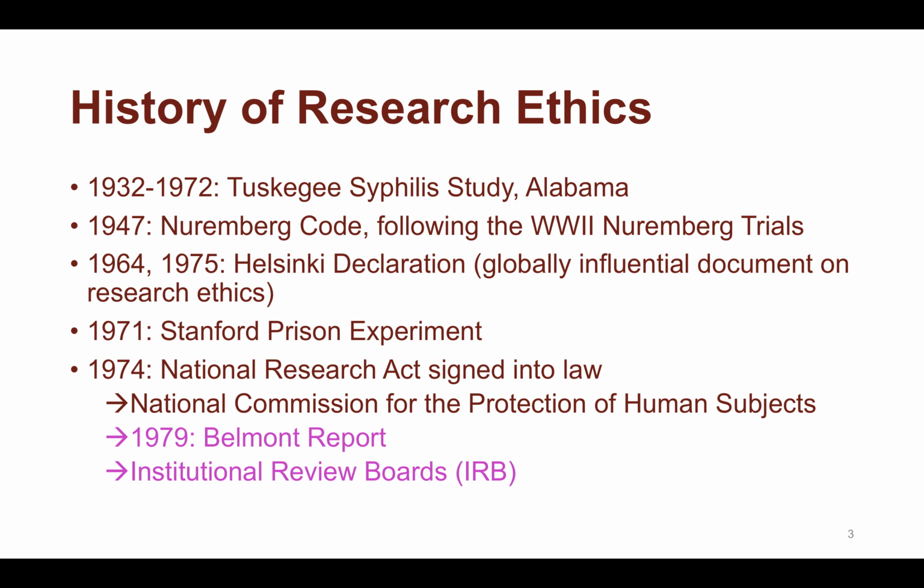The Nuremberg Code, the Helsinki Declaration, and the Belmont Report are three important documents that have guided researchers around the world at different points in our history. Most of the content in this video comes from the Belmont Report, which is the most recent of these, from 1979, which came from national legislation called the National Research Act, which led to the creation of the National Commission for the Protection of Human Subjects, who then wrote the Belmont Report.